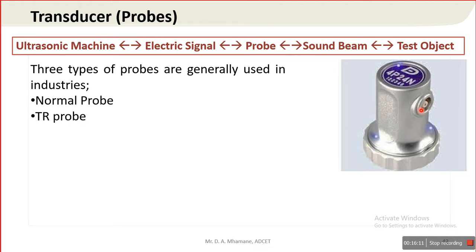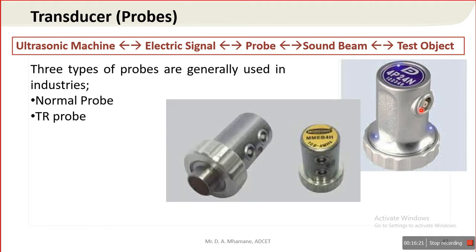TR probe. TR probe is also called a dual crystal probe, which is shown in the second diagram. See the difference by the representation. Inside this probe, two different piezoelectric crystals are placed.